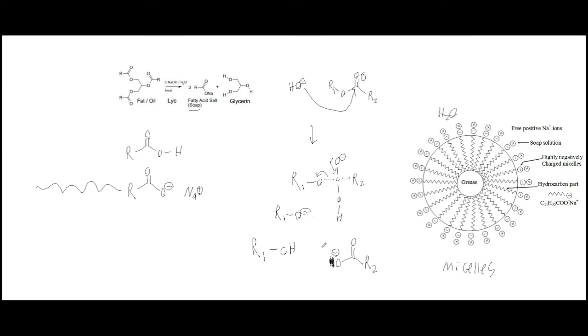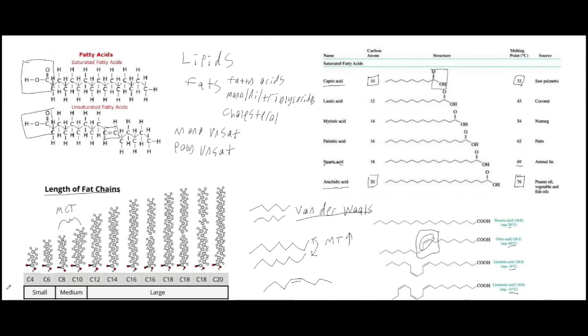So whatever H might end up bound on this one is probably actually going to get stolen by this. This is a much stronger base. It's a much stronger nucleophile, and so that will end up getting the hydrogen, where this will end up with the charge on it. And so that's how soap works.